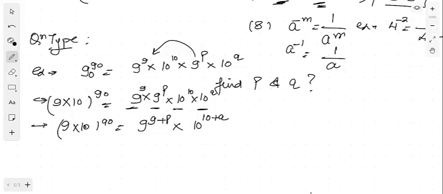Now as per the fourth property we discussed, a into b to the power n can be written as a to the power n into b to the power n.